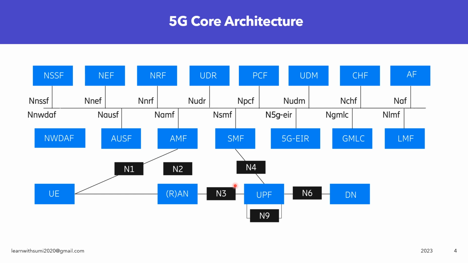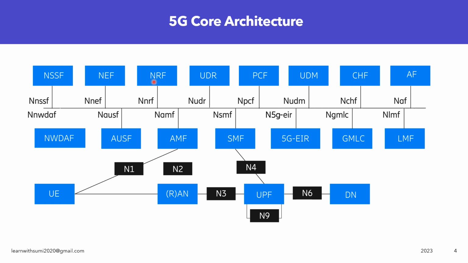So, we have service based architecture, we discussed that. Unlike previous generations, 5G adopts a service-based architecture where core network functions expose their services via application programming interfaces. So this allows more flexibility and interoperability.